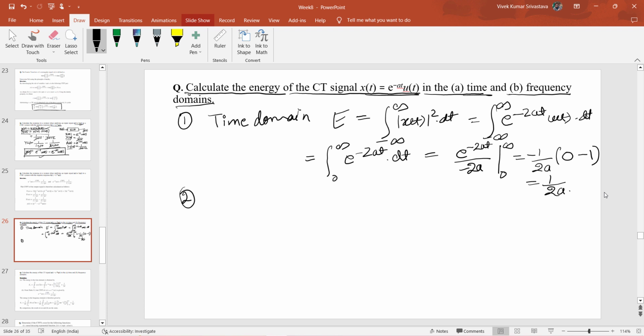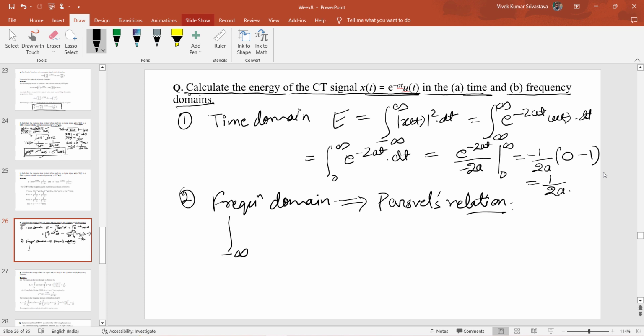So in the frequency domain, for evaluating the energy that is contained in a signal we will use the Parseval relation, which states that the integral from minus infinity to infinity of mod of x of t squared dt is equal to 1 over 2 pi times the integral from minus infinity to infinity of mod of x of omega squared d omega.